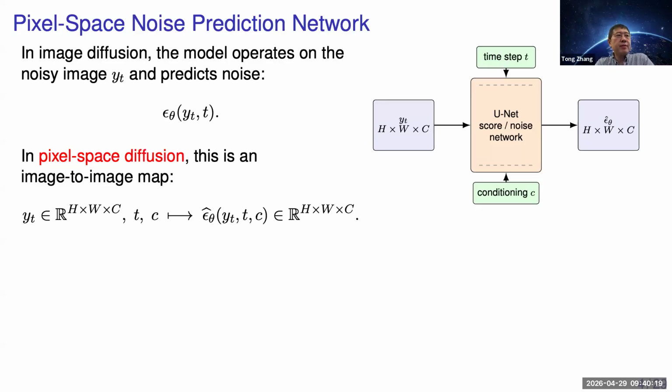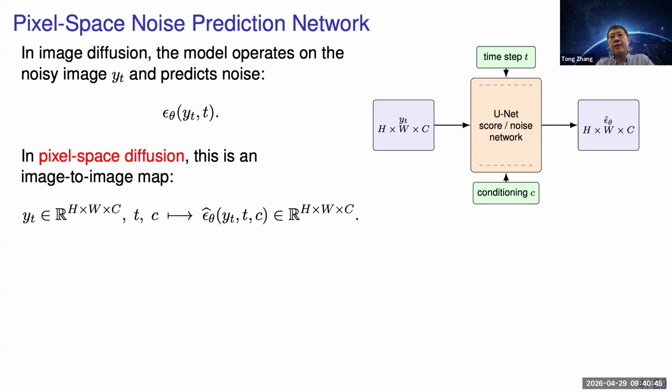So for UNet, you start with the image, y_t, with shape H by W by C. H is height, W is width, and C is the channels. In a typical image, there are 3 channels. Then you have the UNet, and the output has the same shape, H by W by C. You can put in conditioning.